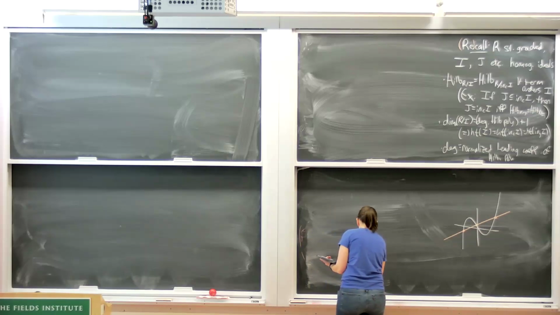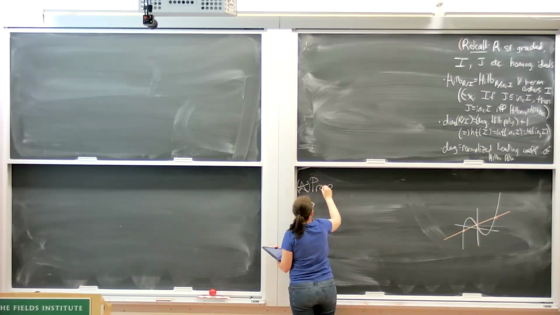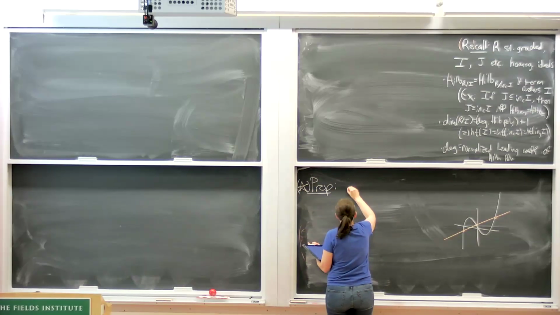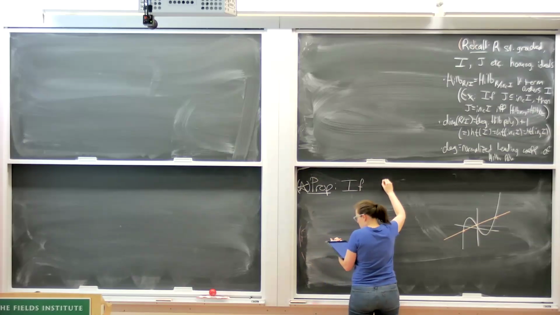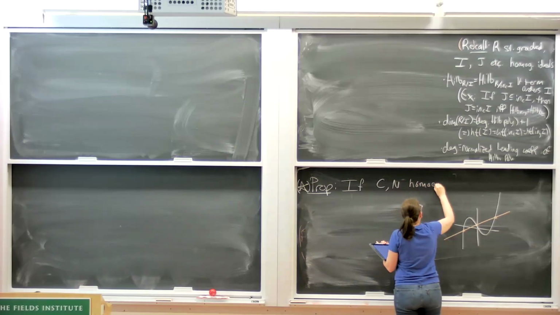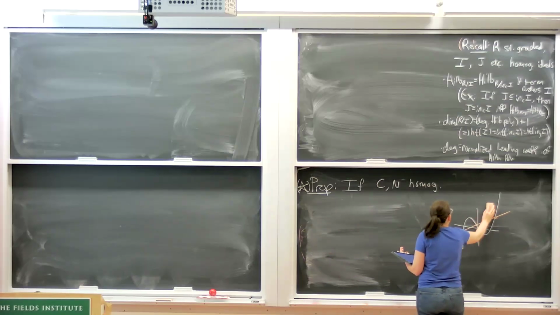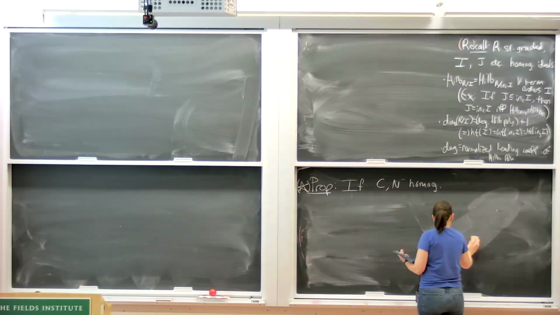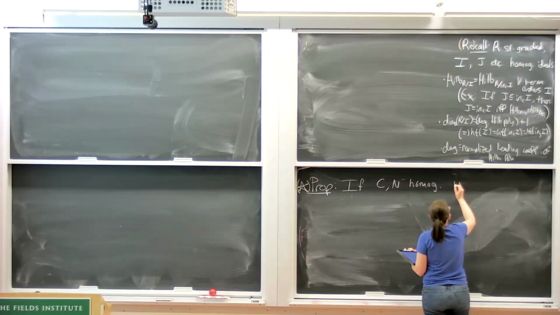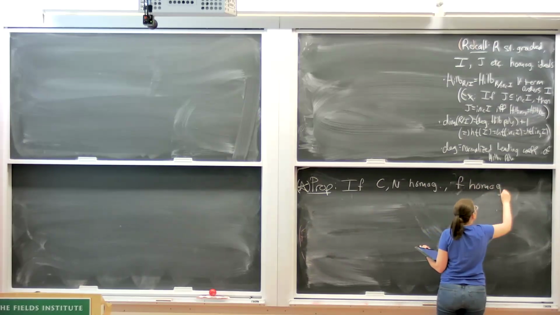Proposition, and I'm going to label this with a star because I'm going to want it again on Friday. Suppose C and N are homogeneous ideals, and F is homogeneous.